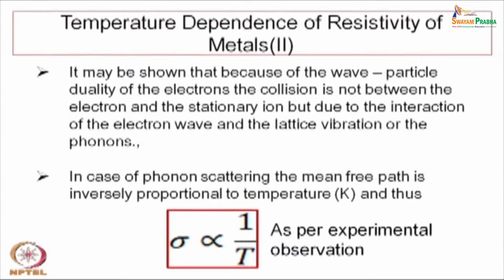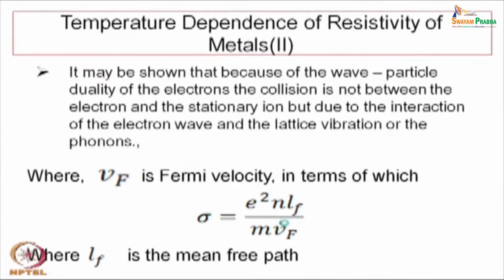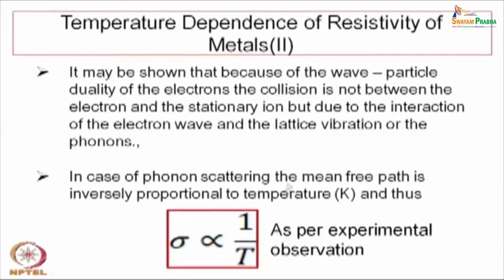In case of phonon scattering, the mean free path is inversely proportional to the temperature, and thus sigma, which is proportional to the mean free path, is also inversely proportional to temperature.